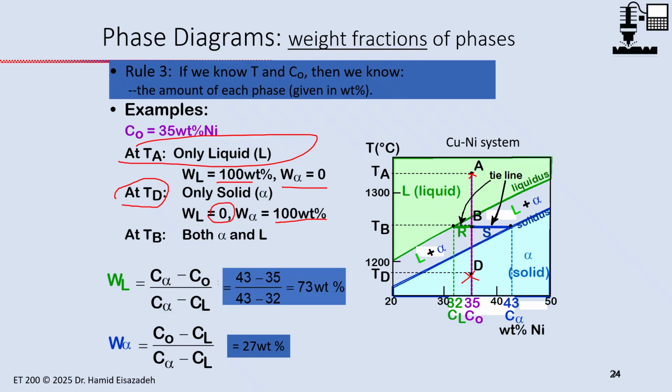But here we are in the gray area, and we have two phases, liquid and solid material, and we want to find out how much of liquid we have there and how much solid. Again, this is not composition, this is the amount of each phase in the material at that point of interest. For example, this is the point of interest.